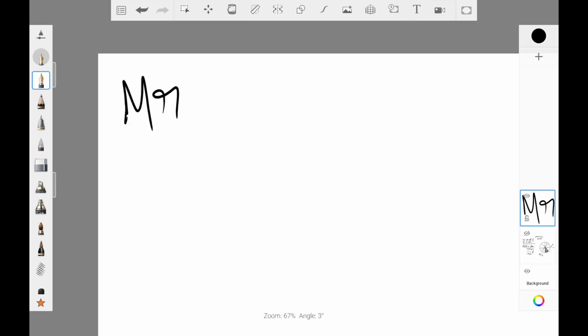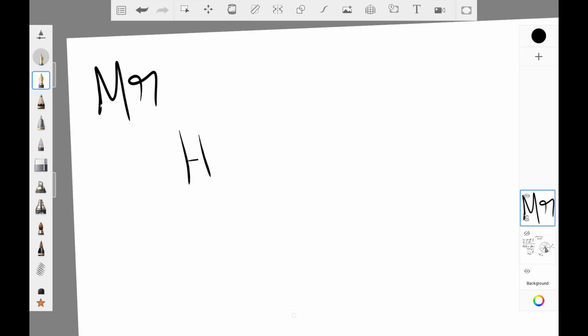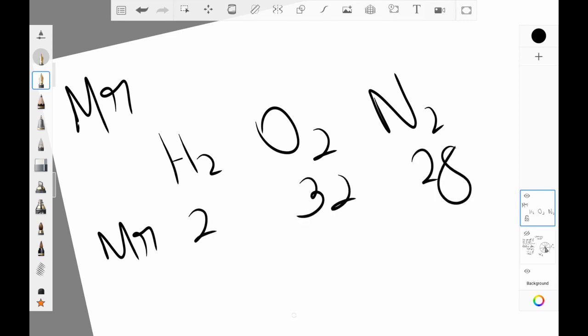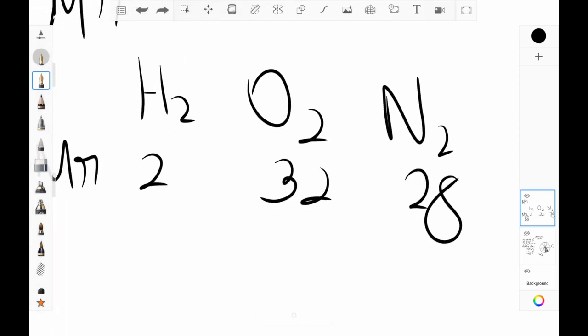So for things like H2, O2, N2, diatomics basically, these guys have an MR of 2, 32, and 28 respectively. So a hydrogen molecule is 2 times heavier than 1/12 of a carbon atom.